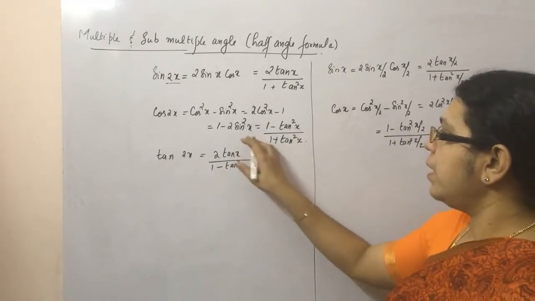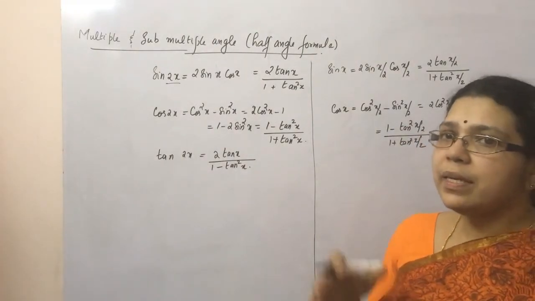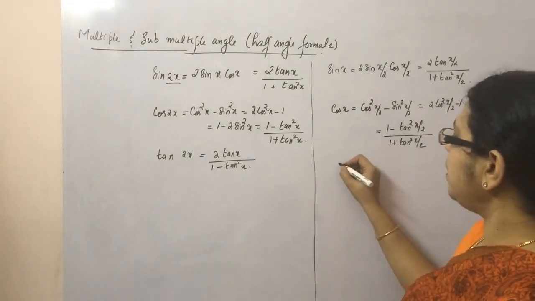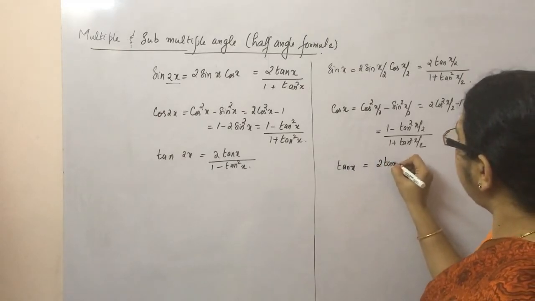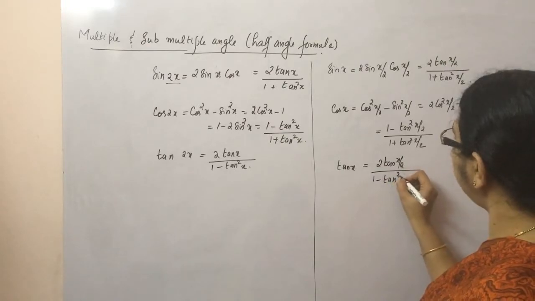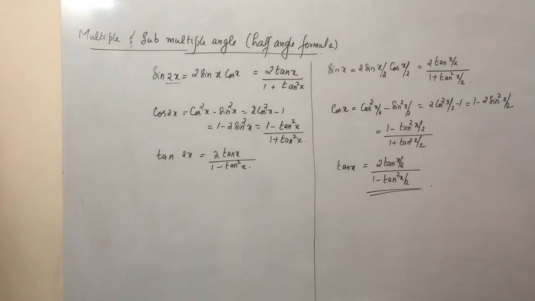As I have all the angles here, I have reduced them into half. That gives me the multiple angles or the submultiple angles or the half angles, whichever way you want to call it. So tan x is equal to 2 tan x by 2 by 1 minus tan squared x by 2. So these are the half angles which we need to discuss.